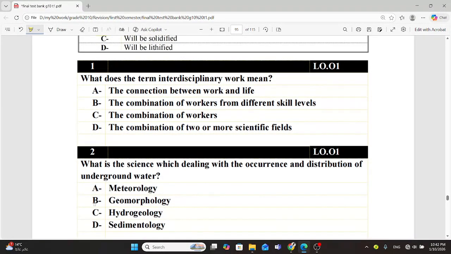ده امتحان جديد. يلا. What does the term interdisciplinary work mean?